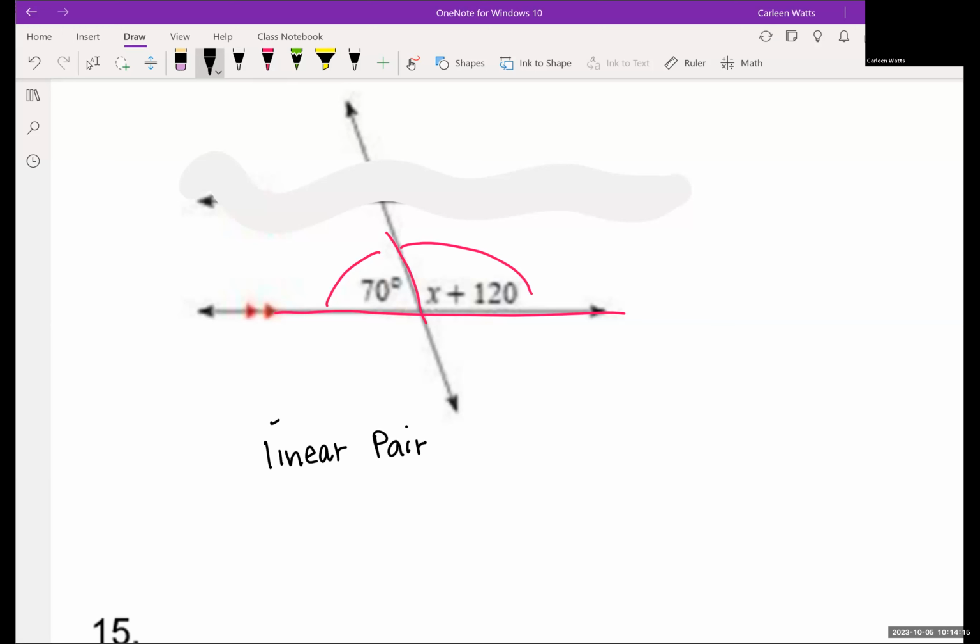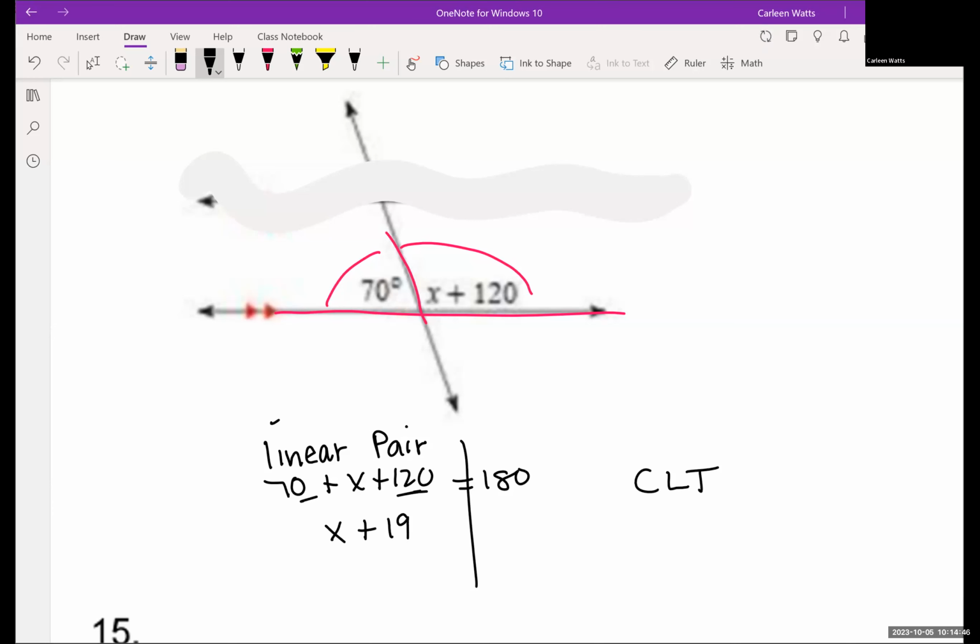All right, awesome. Their sum is 180. So sorry, let's do it in order. 70 plus x plus 120 is equal to 180. Next step is to combine like terms.